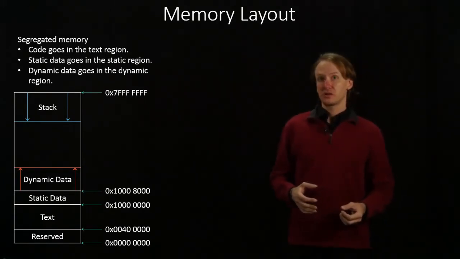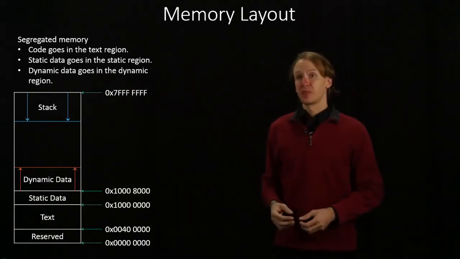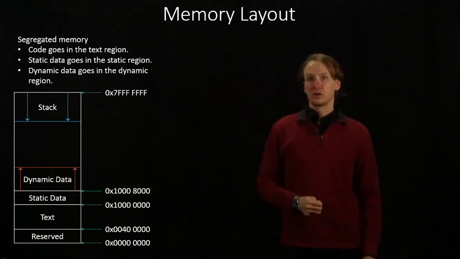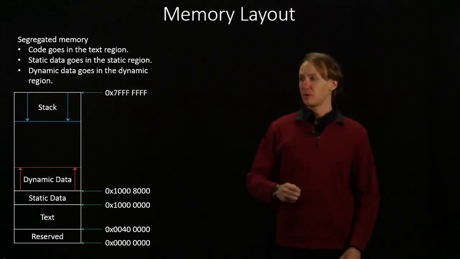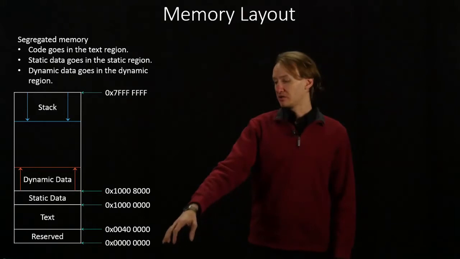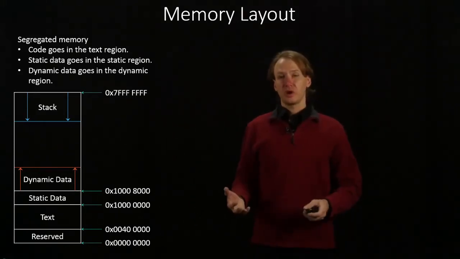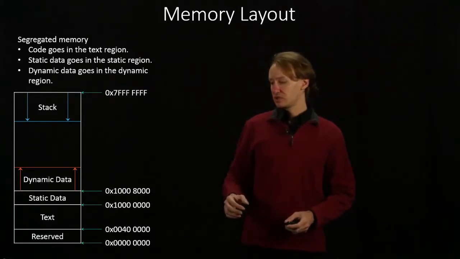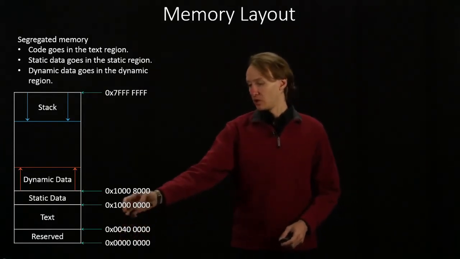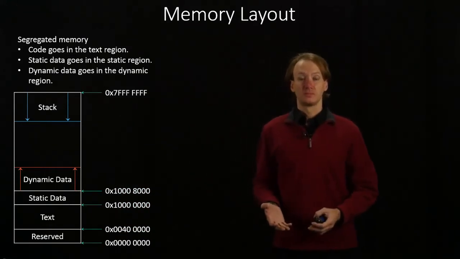In the MIPS R2000 architecture, our memory is laid out like so. It's really a big, long array of bytes. And this array is divided up into a series of different parts, where each one corresponds to something we'd like to use our memory for.